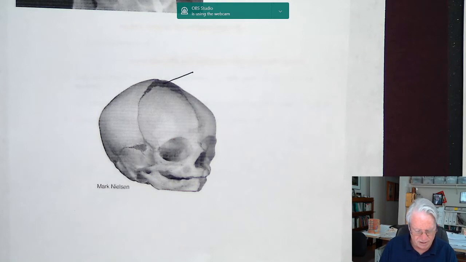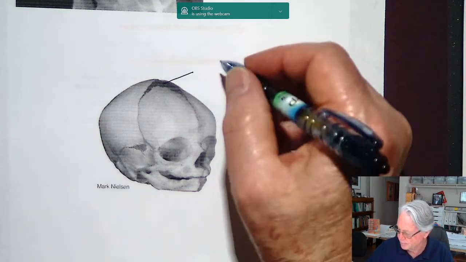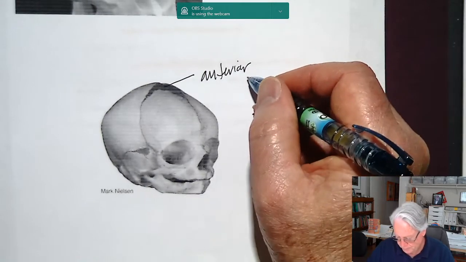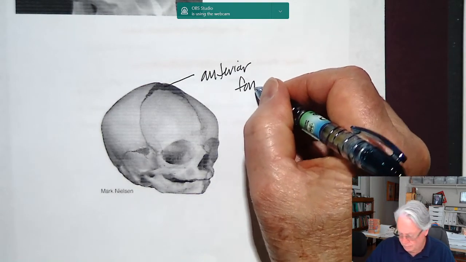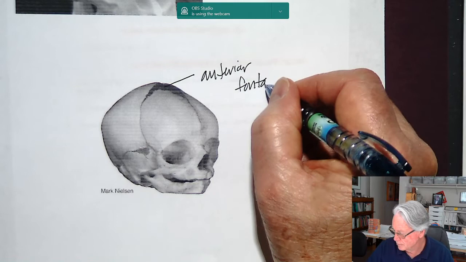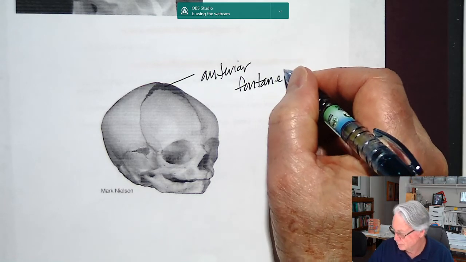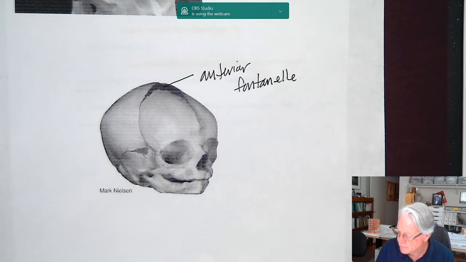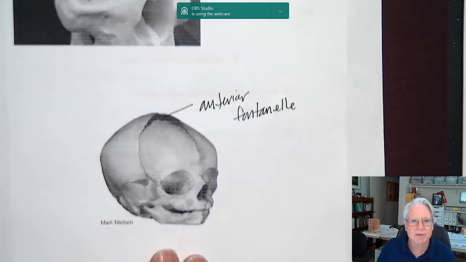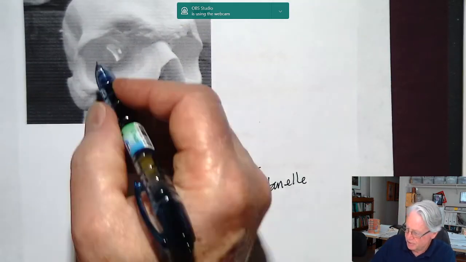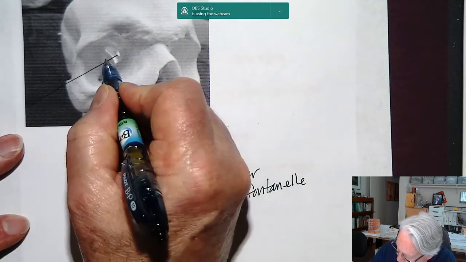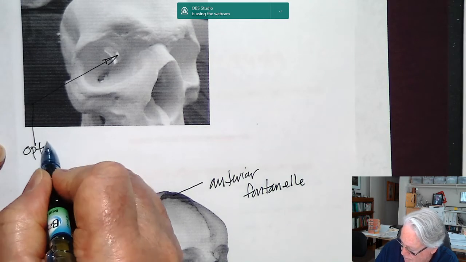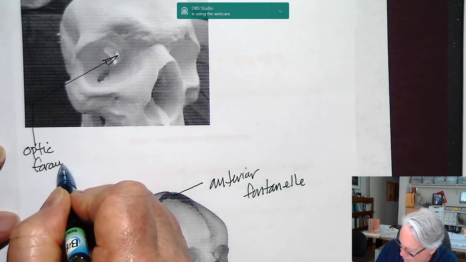That's going to be our anterior fontanelle. Anterior fontanelle. By the way, if you look at this picture right here, there's the optic foramen. Nice picture of that.